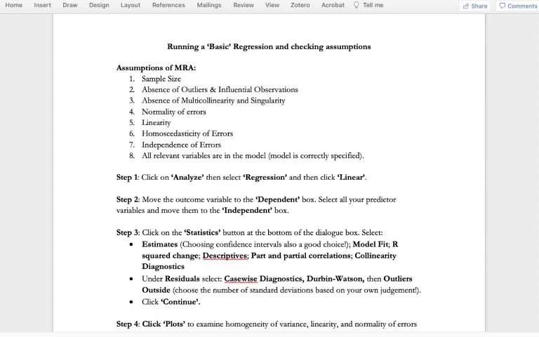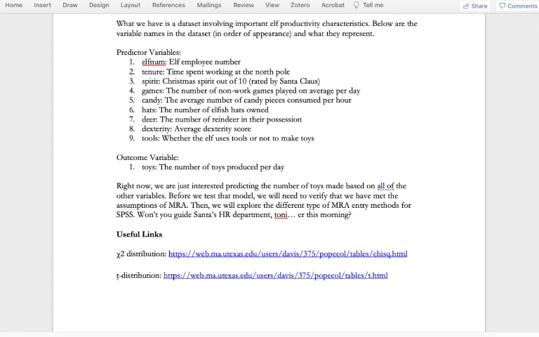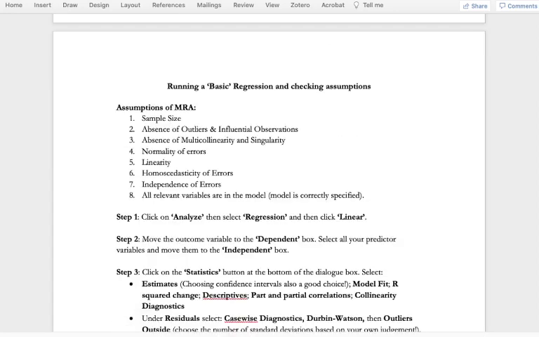The first assumption is sample size. For regression, you ideally want to have about 15 cases per predictor variable. So here, if I scroll back up, you can see we have 9 predictor variables, or 8 if you exclude the employee number. And 8 times 15 is 120.